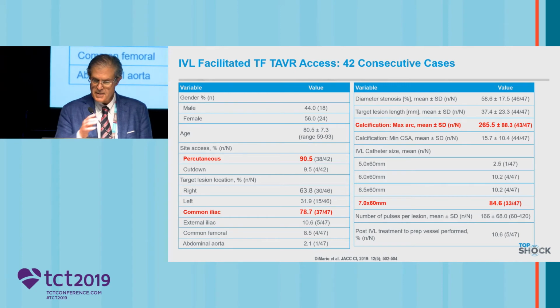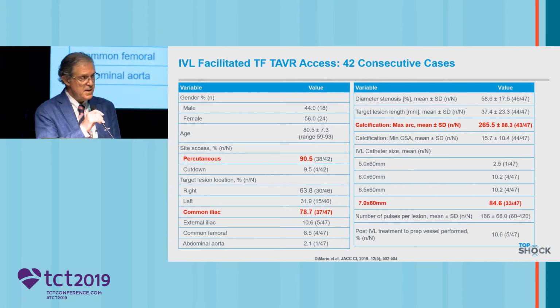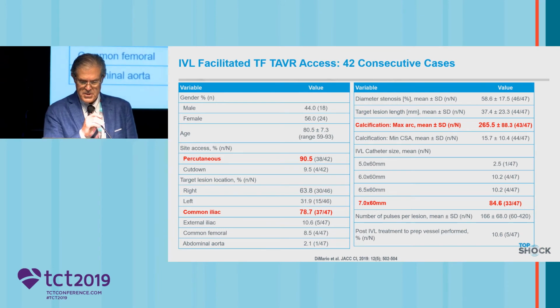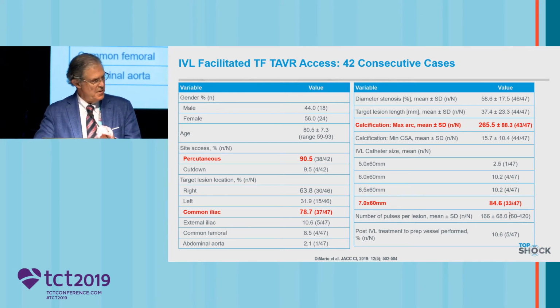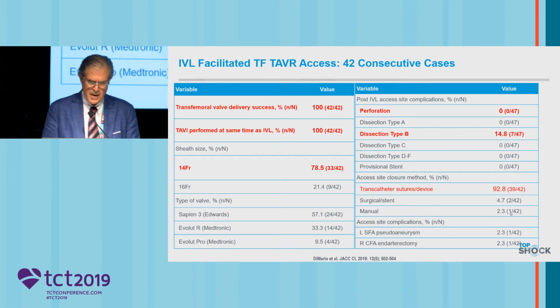Here's 42 consecutive cases of IVL-facilitated TAVR access published by Carlo DiMario and Jack CI. 91% percutaneous, 80% the common iliac was the target. The arc of calcium in the iliac averaged about 270 degrees. And the go-to balloon here for this application 85% of the time is the 7x60.